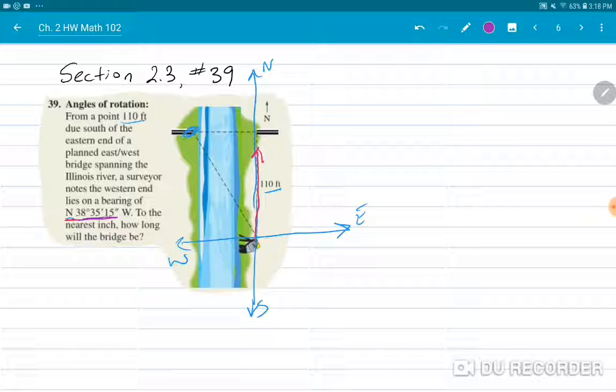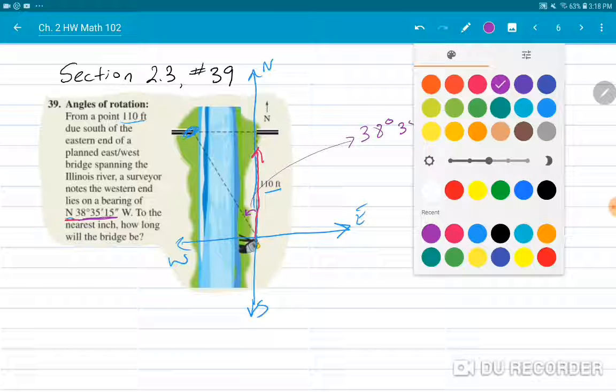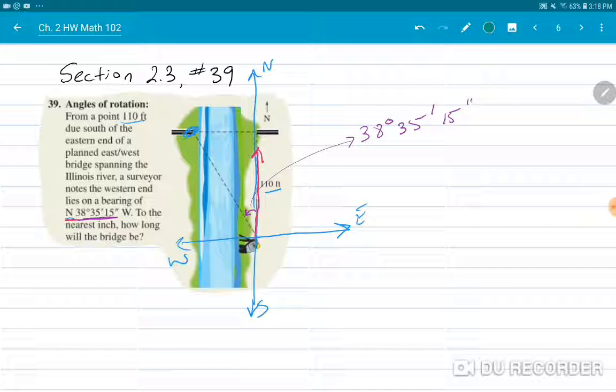So initial bearing of start with north and then turn west. So that little angle in there is going to be 38 degrees, 35 minutes, and 15 seconds. And our task is to find this width of the bridge that's going to go across from there to there.